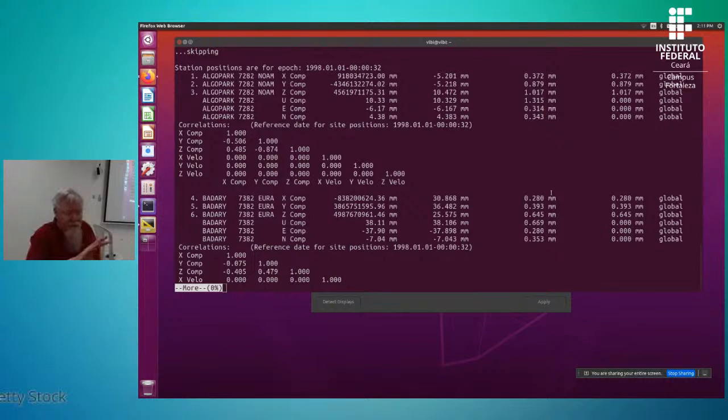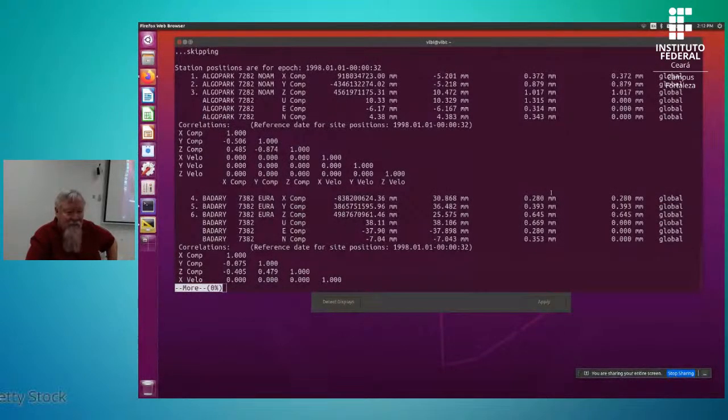So in the spool file, we've estimated the positions and velocities for all of these stations. And it is going to go through and tell us what it thinks the positions are.